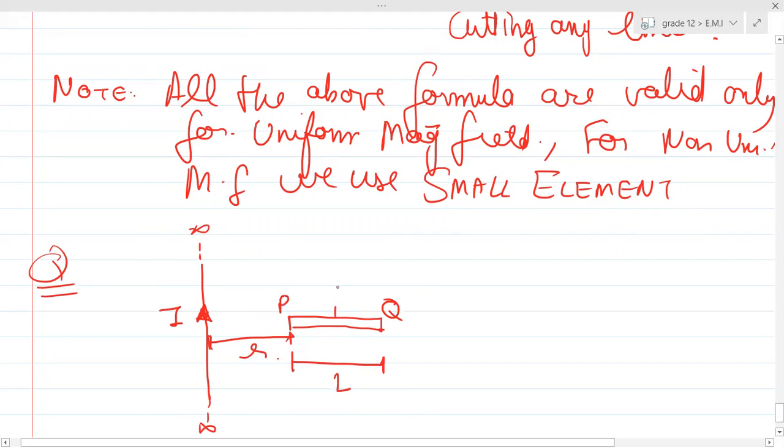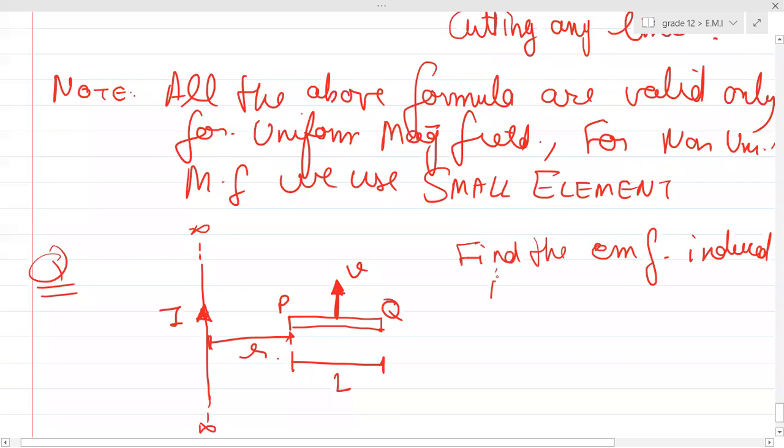This rod is moving in this direction with a velocity V. The question: a conductor PQ of length L is moving with a uniform velocity V, parallel to a long straight wire carrying current I. Find the EMF induced in the conductor. Think about it and try to do this question, give me 5 minutes.